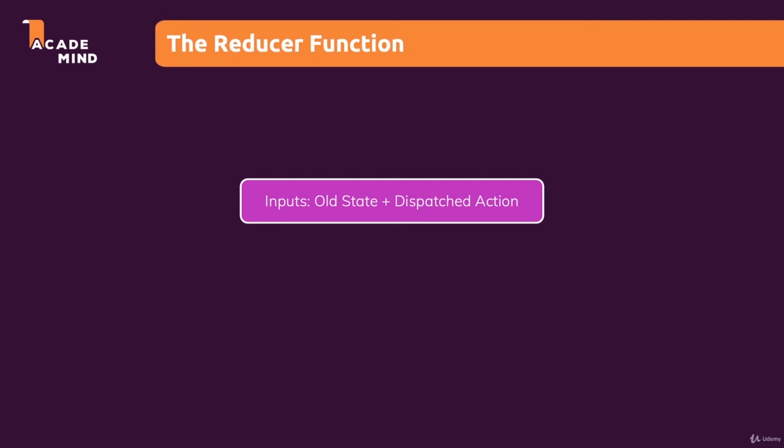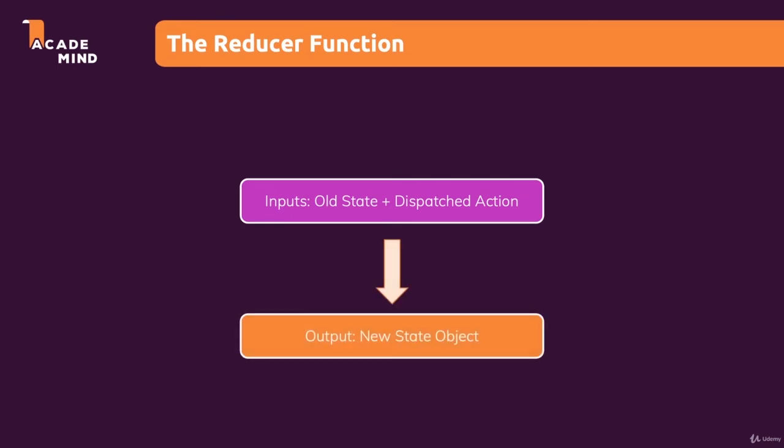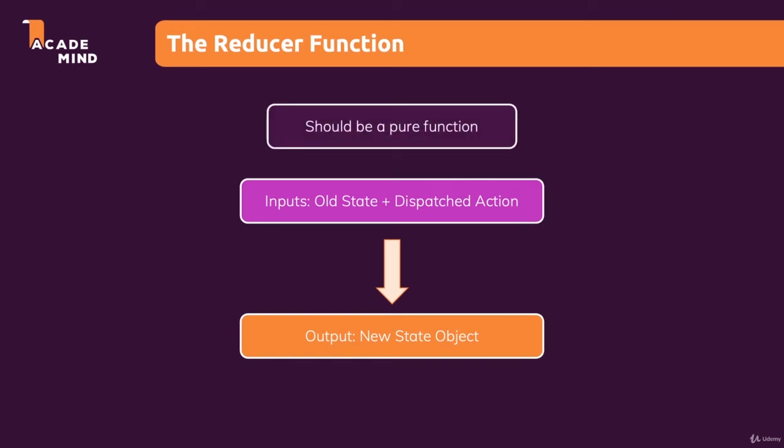And then this reducer function must return a certain output. It must always return a new state object. And therefore, a reducer function should be a pure function, which basically means that the same values for the inputs should always produce exactly the same output, and there should be no side effects inside of that function.